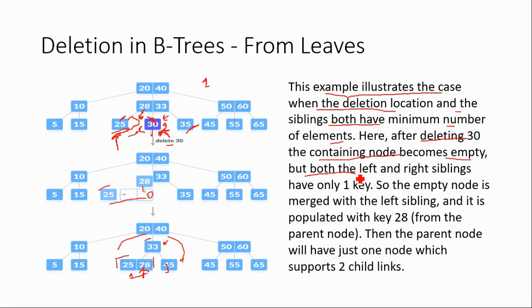Then both the left and the right sibling have only one key each. So we have to merge the empty node with the left sibling, and it is populated with key 28. The element between those two nodes has been brought in, and that element has filled the empty node. Then the parent node will have just one key which supports two children.